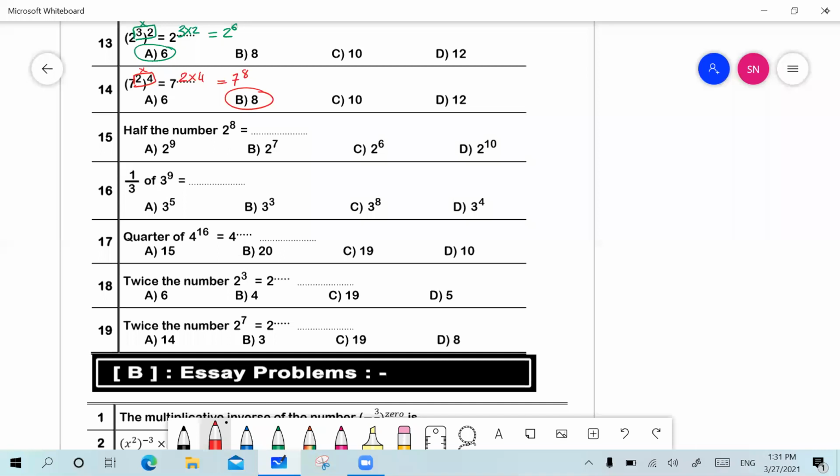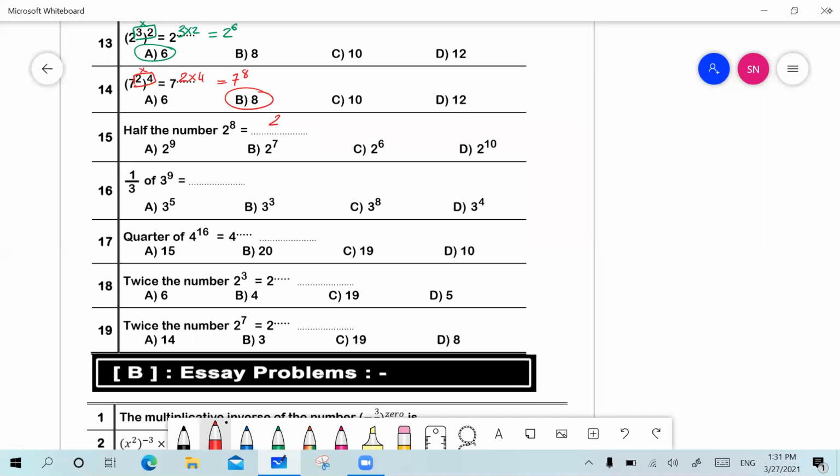Half of the number 2 to the power of 8. It's 2 to the power of 8 over 2.